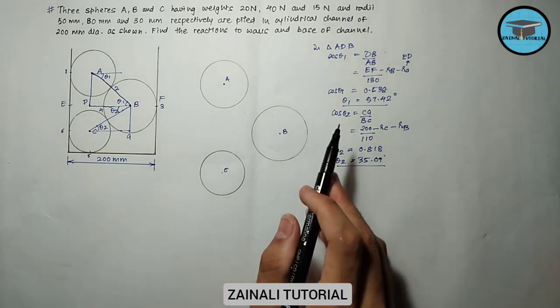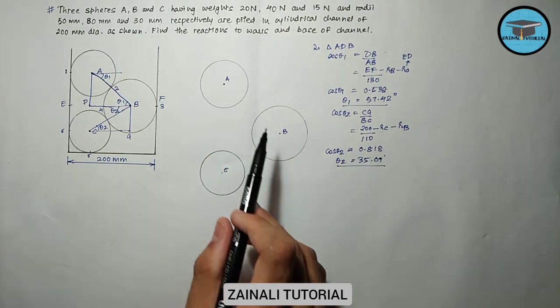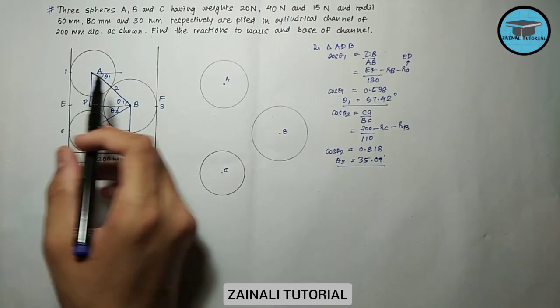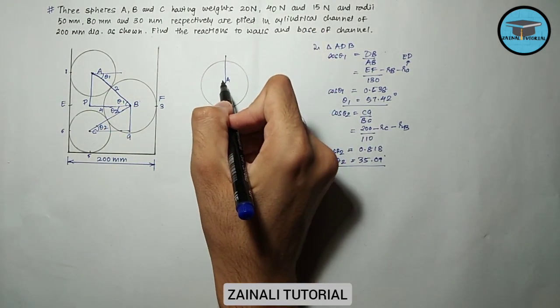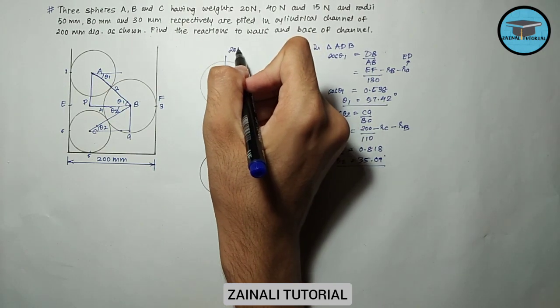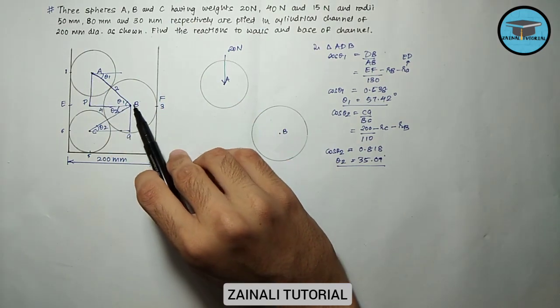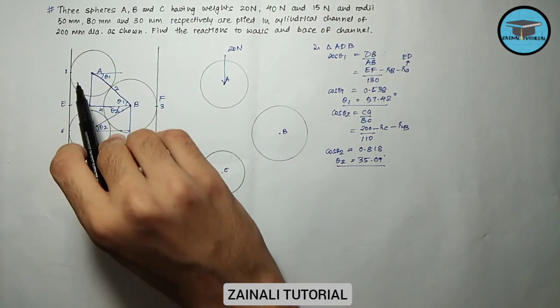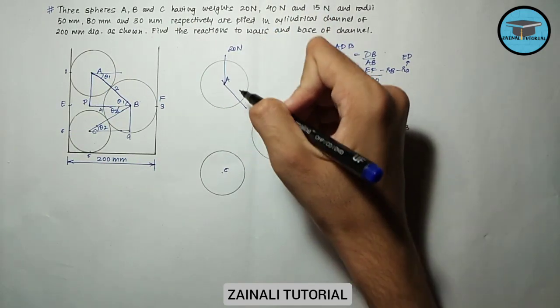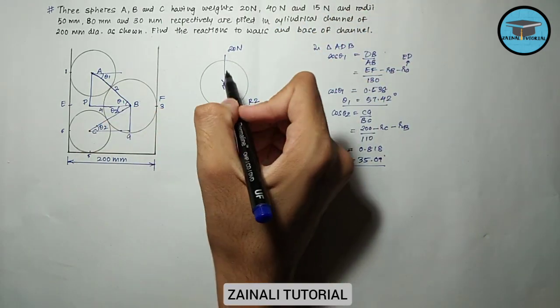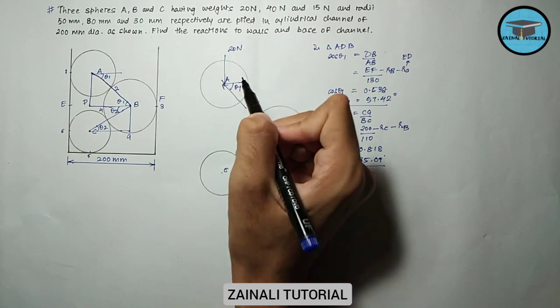Now let us draw the free body diagram of each and every sphere. So for sphere A, there would be a weight of 20 Newton. The reaction coming from sphere B acting on sphere A, let us take it as R2, and it is inclined at an angle of theta 1 with the horizontal.